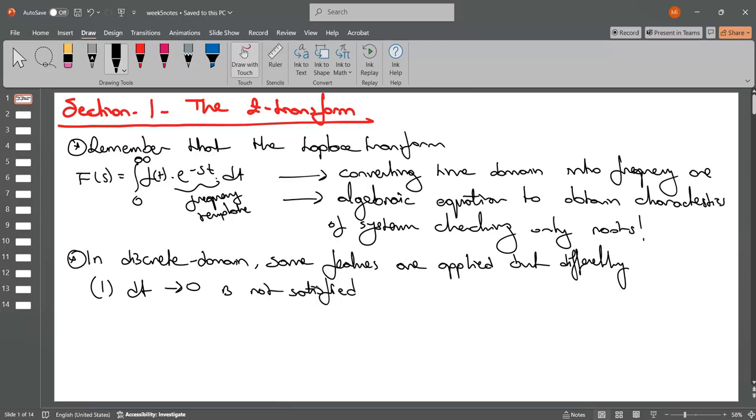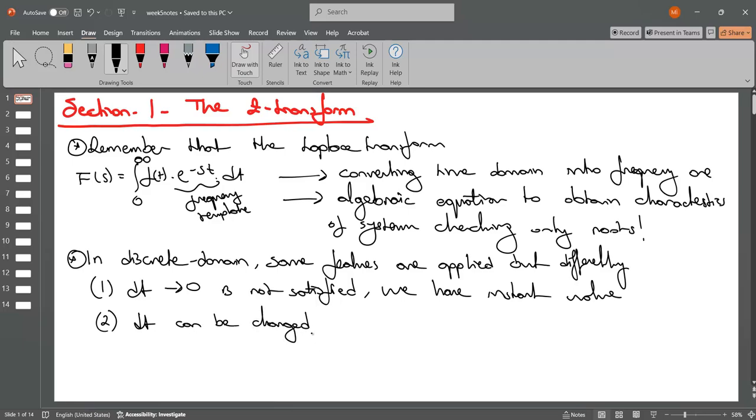We have talked about the sampling theory, sampling notation, digital signal, analog signal in the previous lesson, okay? And so in the discrete domain, dt is not going to 0 or an infinitely small value. We have a constant value, for example 0.1 or 1 or 2 or 0.001, and so we can satisfy this feature, not this one. And so we have an instant value at each step. And secondly, dt can be changed.